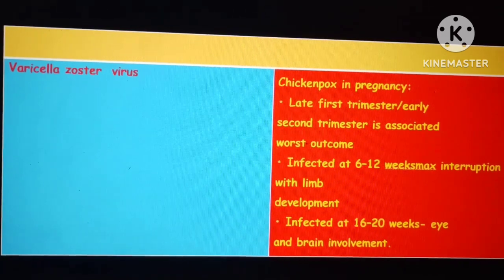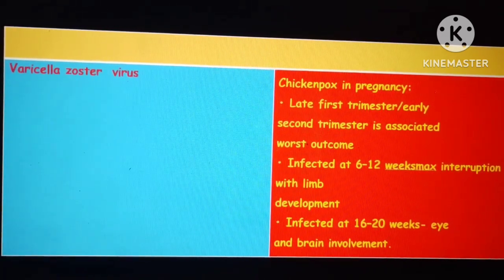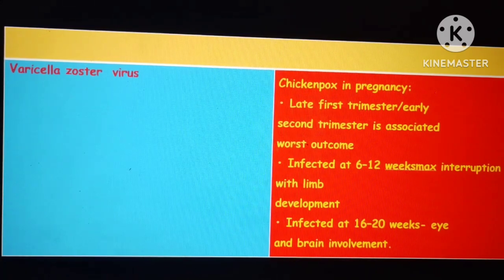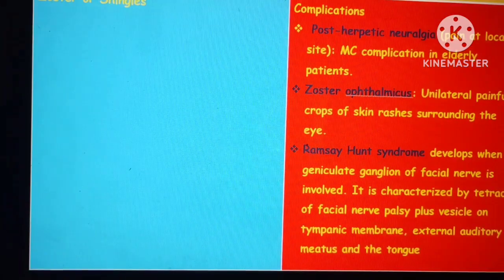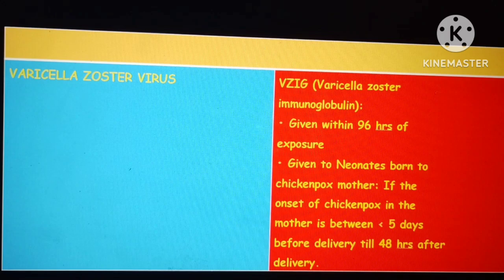If it is between 16 to 20 weeks, there will be eye and brain involvement. Congenital varicella usually presents with microcephaly, limb hypoplasia and cicatricial skin lesions. You can remember it as MLC.